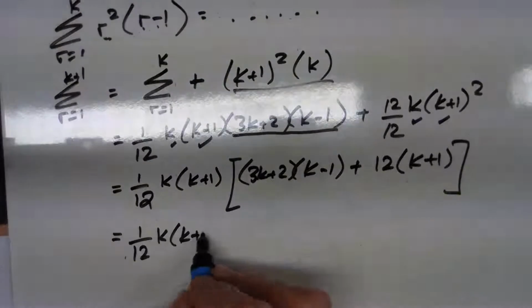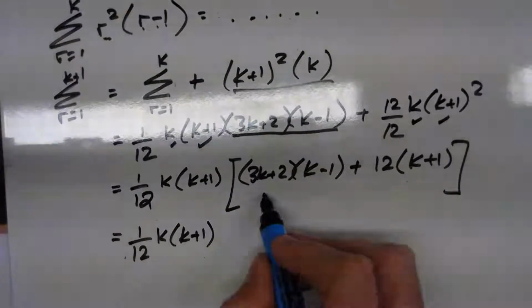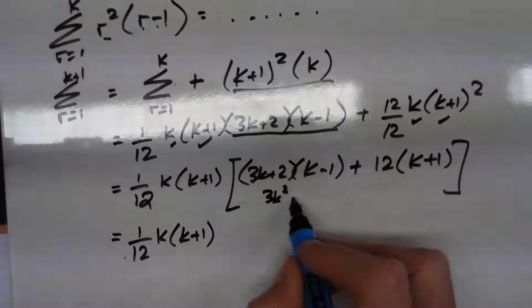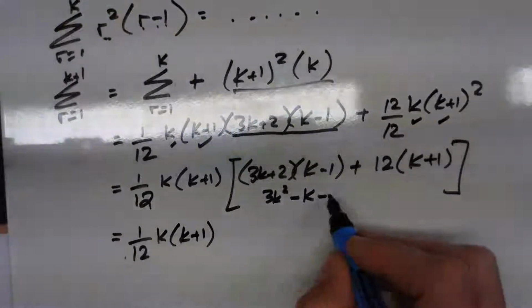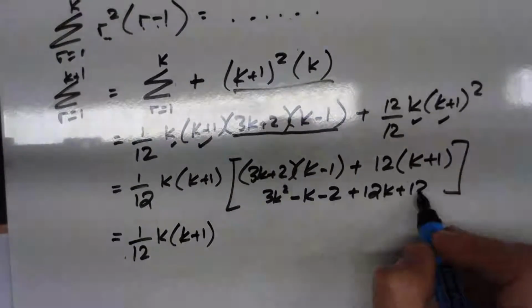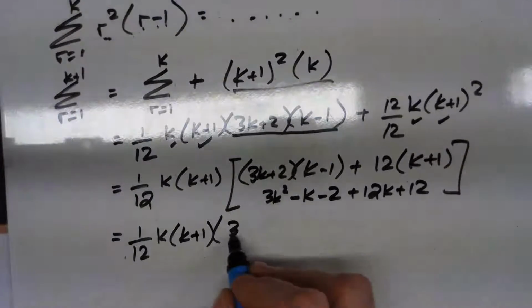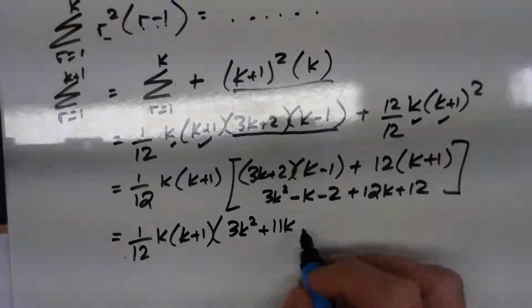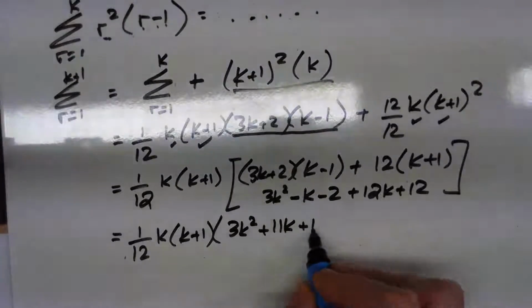12k, k plus 1. Right, multiplying this out, what do we get? 3k squared plus 2k minus 3k, so that's minus k minus 2 plus 12k plus 12. So grand total, 3k squared plus 11k plus 10.